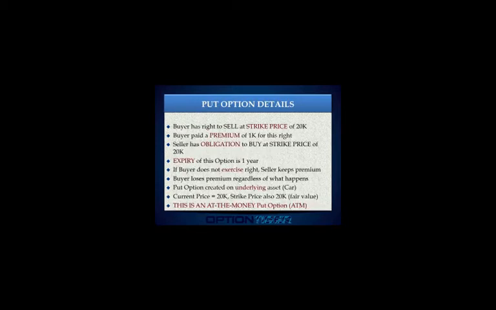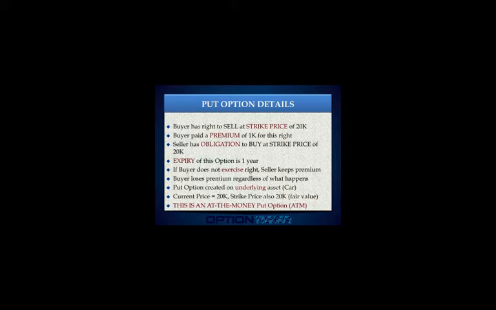Let's consider the case of our car. We buy a car for $20,000. Now the car then becomes the underlying asset. We pay an insurance premium of $1,000 for 1 year. The car is insured for $20,000, which then becomes the at-the-money strike price of this put option.